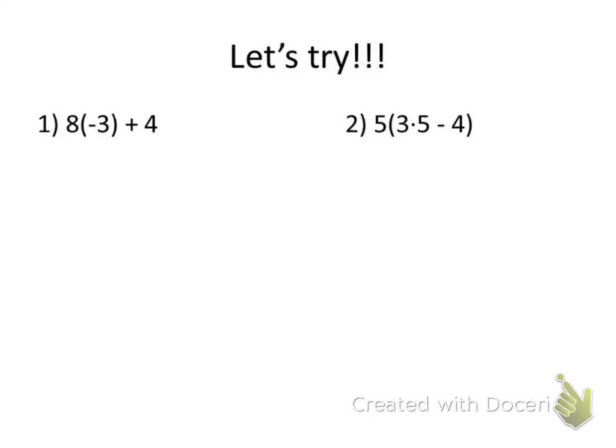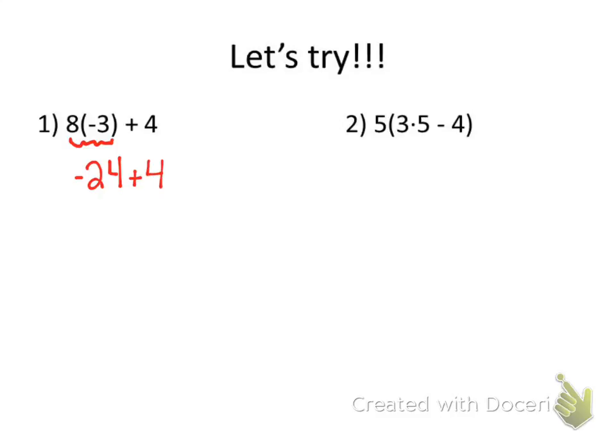Yes, here the parentheses actually mean to multiply. I always underline the step that I'm doing. So that's what I'm doing right now. What is 8 times negative 3? Negative 24. So instead of writing 8 parentheses negative 3, I'm going to write negative 24. I'm actually going to do the math for the part that I underlined. Anything that you didn't underline, you didn't change, so just rewrite it.